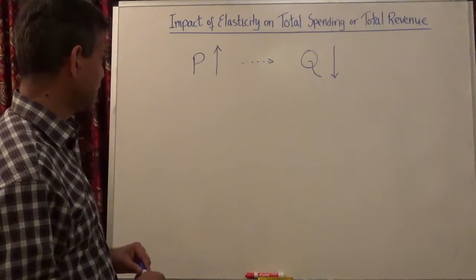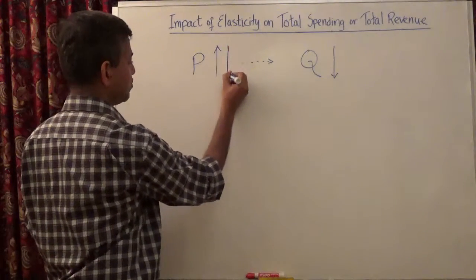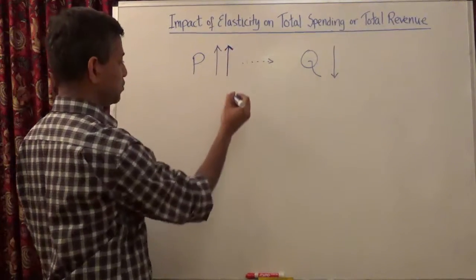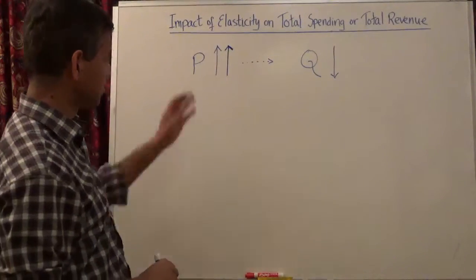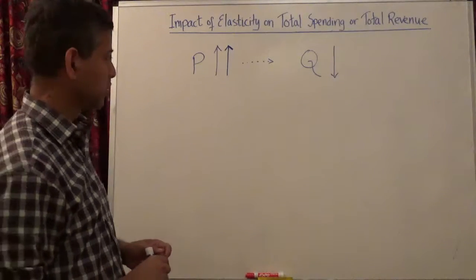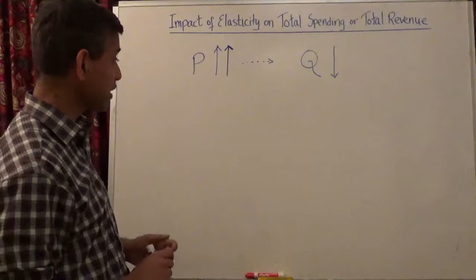To see that, let's first suppose that price went up, and I'm using, for visual purposes, two arrows to capture the degree of the price increase. The two arrows, it's an arbitrary visualization, but hopefully it will help.